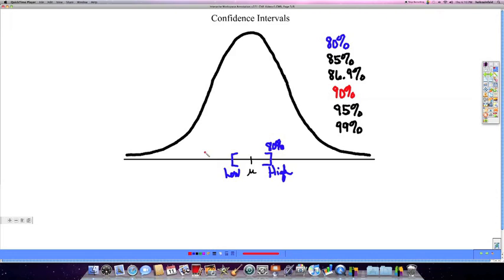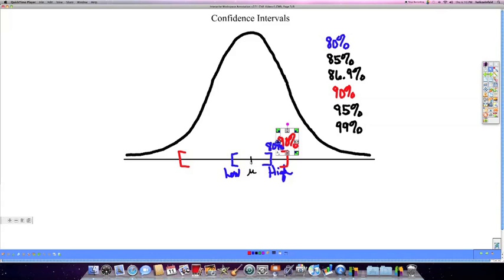Think of it as in learning to shoot a bow and arrow. If we want to be 90% sure that our range of values includes the population mean, and of course, like I said, we cannot be totally sure that the low and the high that we calculate will be centered on the population mean.